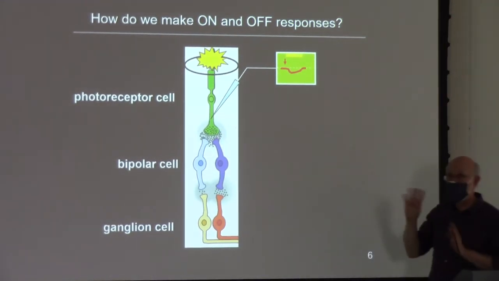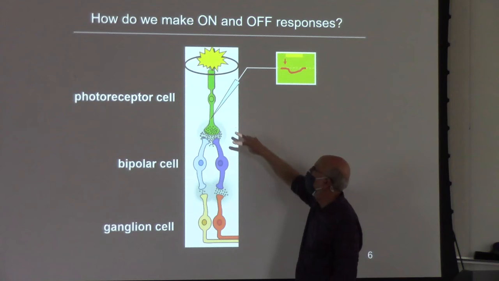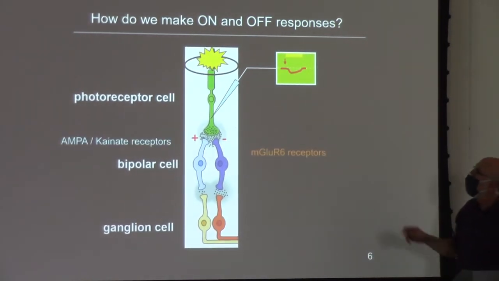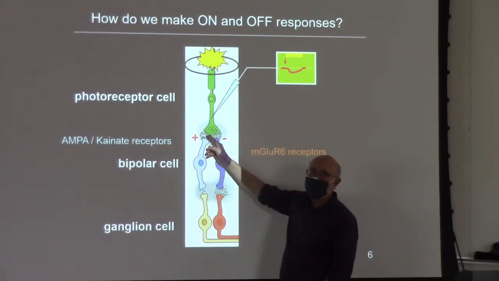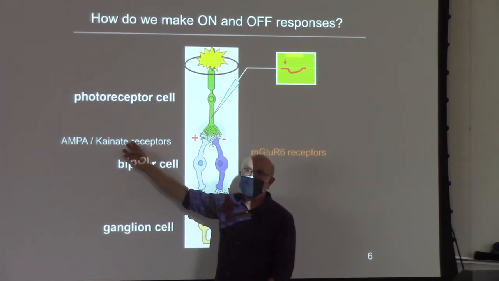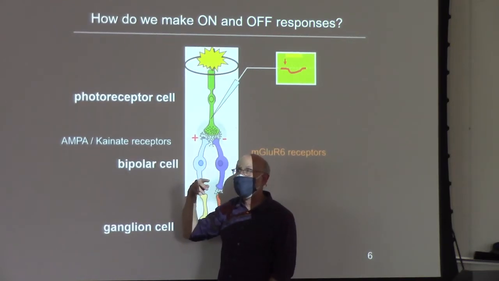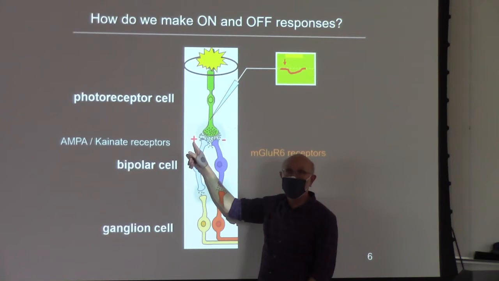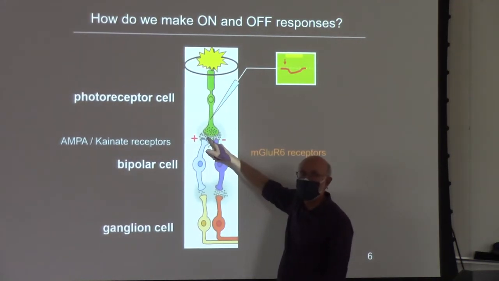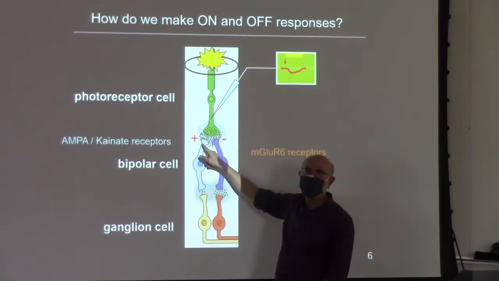Now, if there's one thing you have to understand, it's this synapse. On some of these bipolar cells, there are ionotropic glutamate receptors that are sodium and sometimes calcium permeable. You already know what those are. Those are excitatory glutamate receptors. So a decrease of glutamate causes decreased excitation. That's easy.